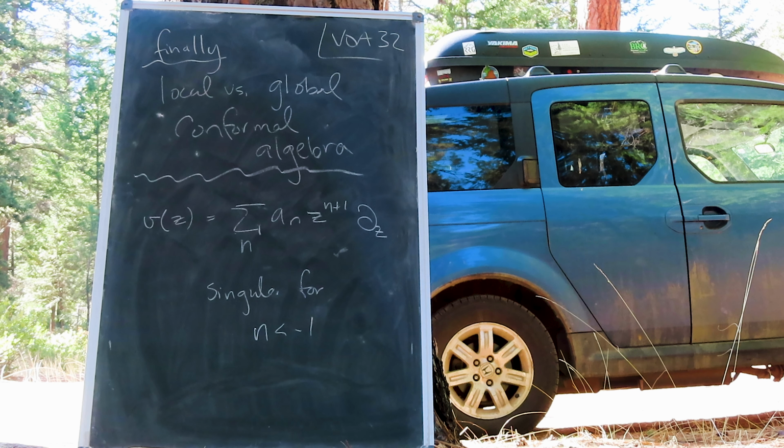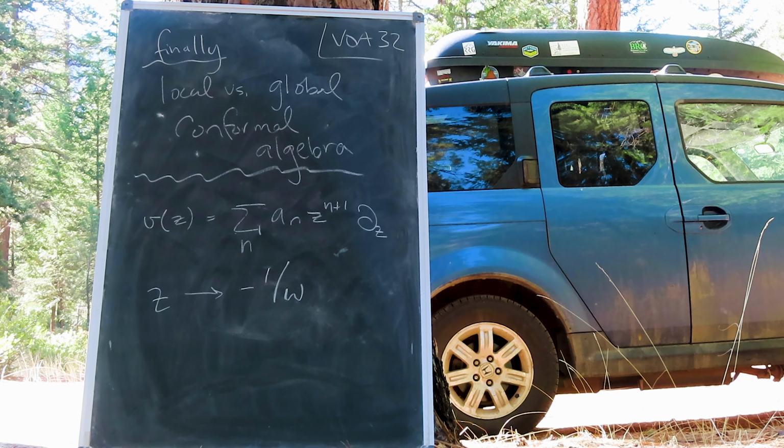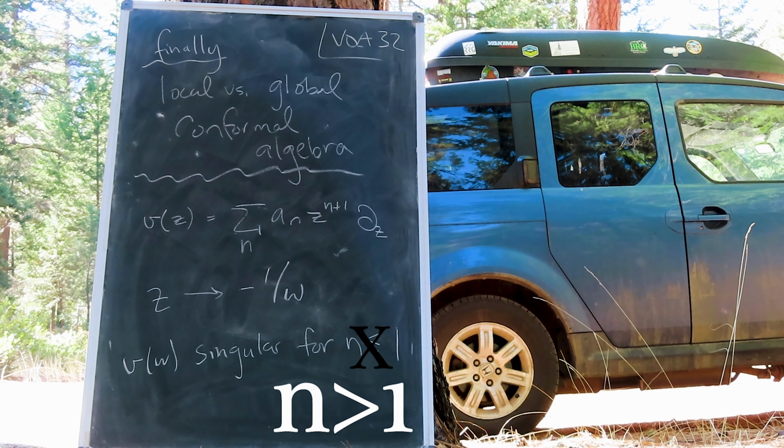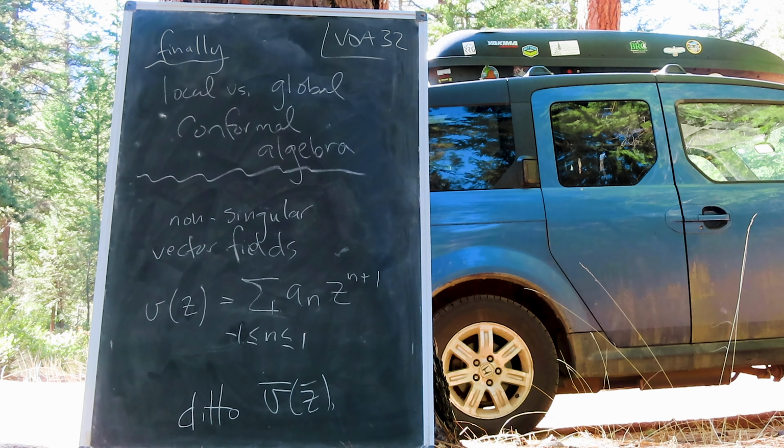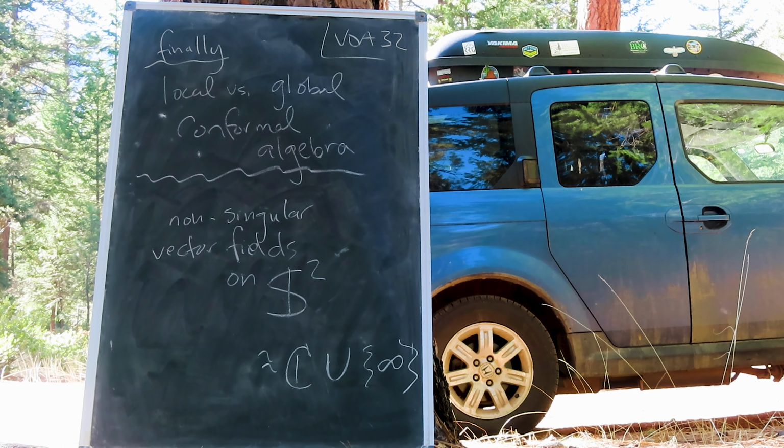And because of the special conformal transformations, we can also consider the map z goes to -1 over z, which means that v of z is singular also for any n greater than 1. Thus, we find that globally defined vector fields generated by symmetry transformations are precisely those previously discussed. The same, of course, goes for the anti-holomorphic case. These vector fields are non-singular globally on the Riemann sphere, that is, C with a point at infinity included.